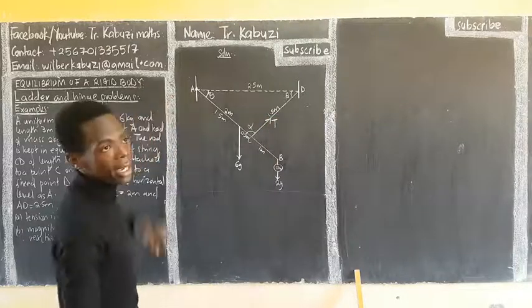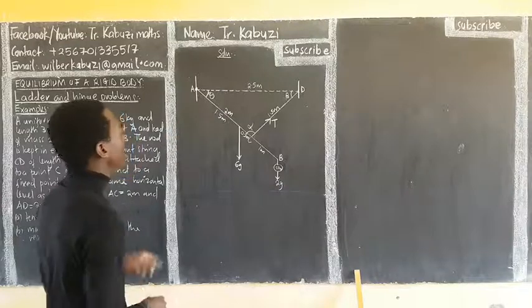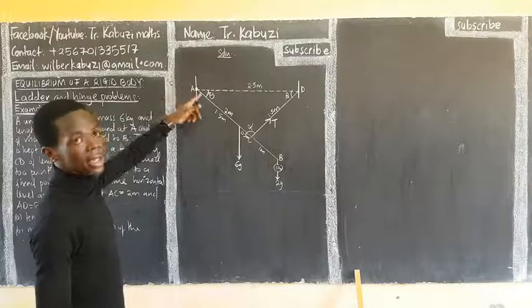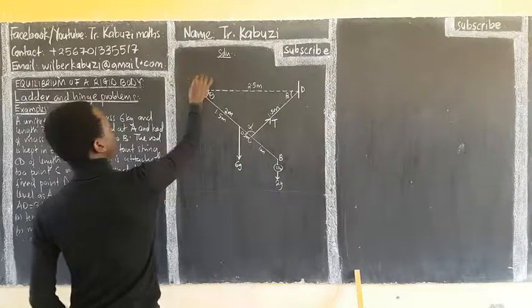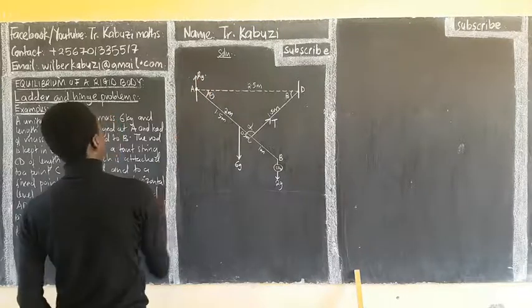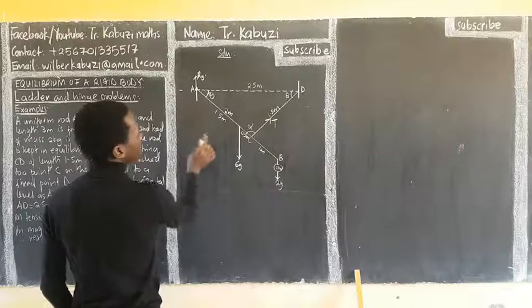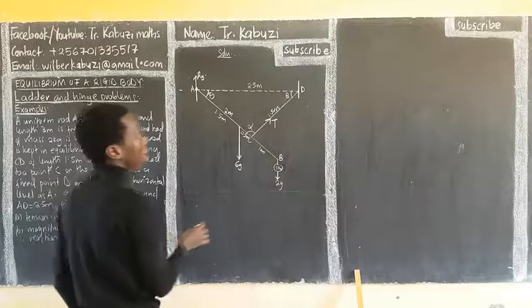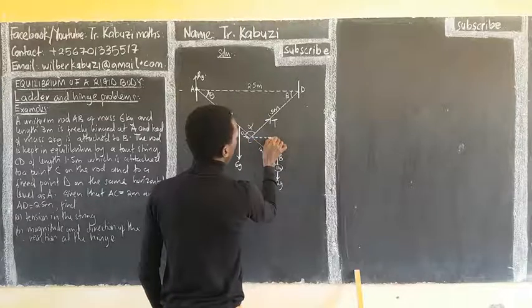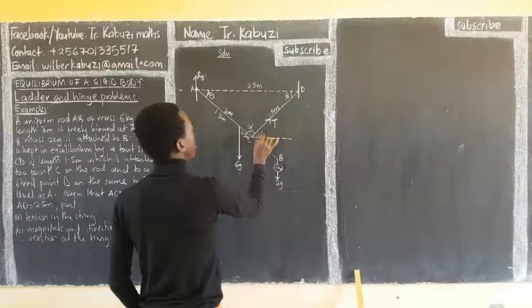Now, because we have a hinge here, we expect a reaction from the hinge, so we are going to resolve it. This is going to be our reaction Y, then the horizontal, which we are going to take in this order. Now, how do we determine the horizontal? Note from this, if I draw a parallel line, it means that this one is going to be beta.